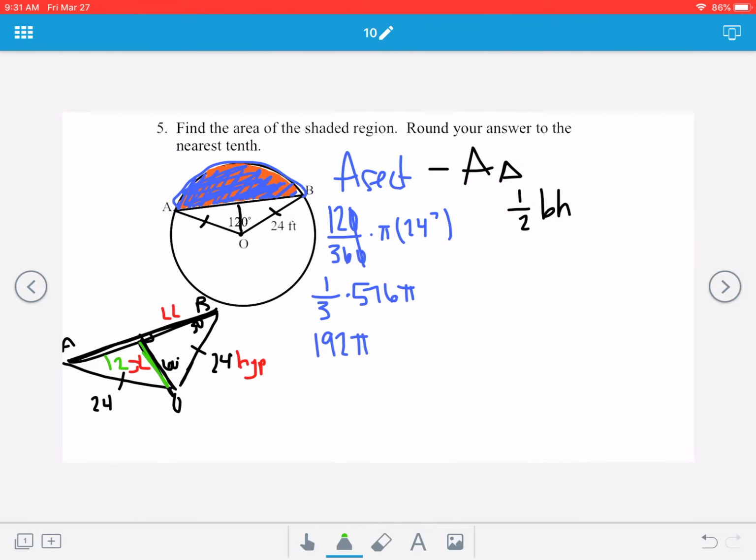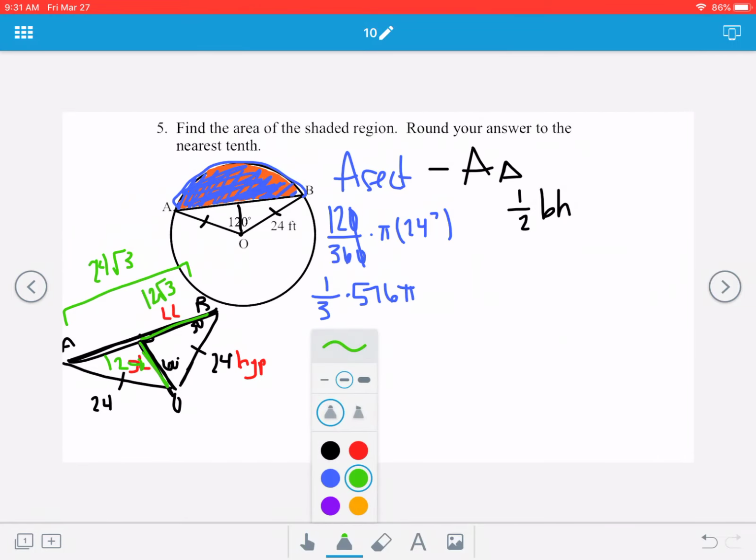So the altitude here is 12. In a 30, 60, 90, the long leg equals the short leg times the square root of 3. So that means this is going to be 12 square root 3. Which means that the entire base of this isosceles triangle is 24 square root 3.